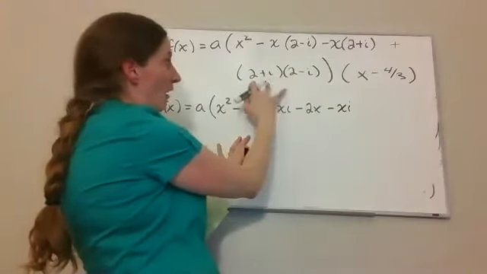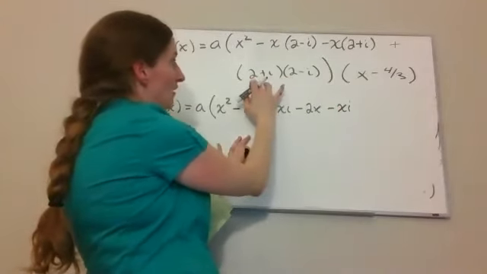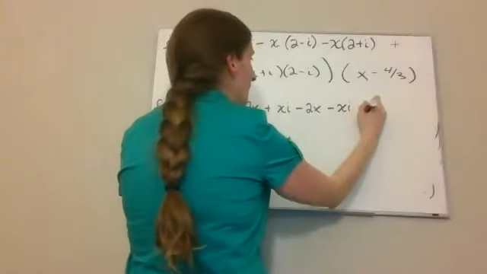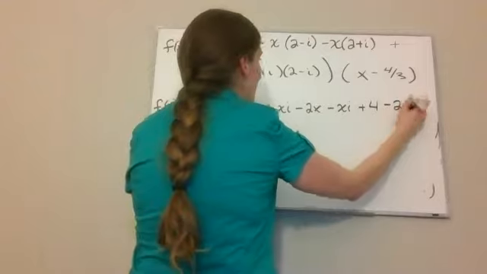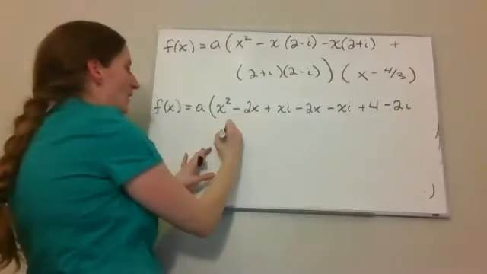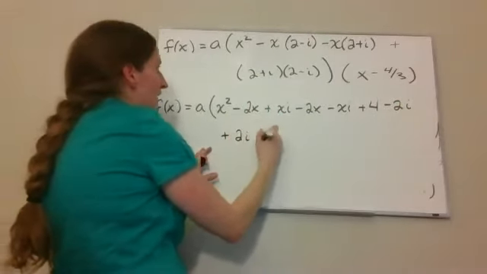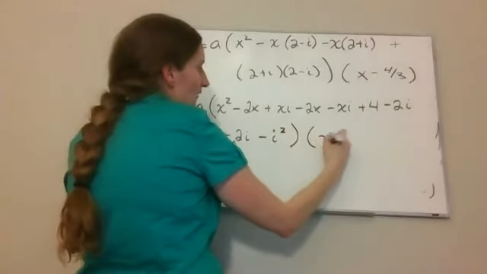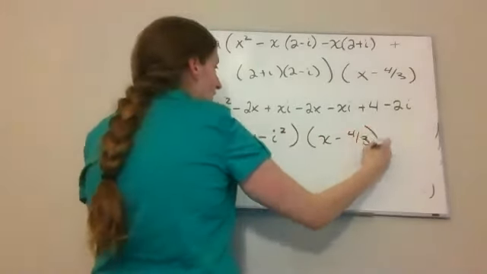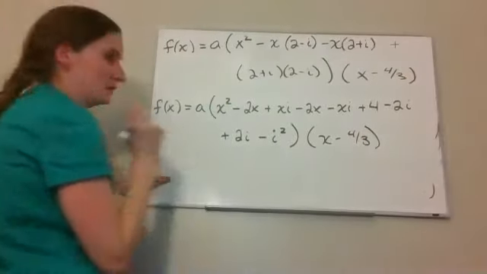Now let's multiply all of this out. 2 times 2 is 4. I have a minus 2i. I have a positive 2i and a minus i squared. And then I still have x minus 4/3 on the very outside to deal with.